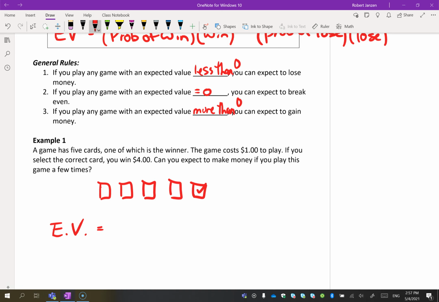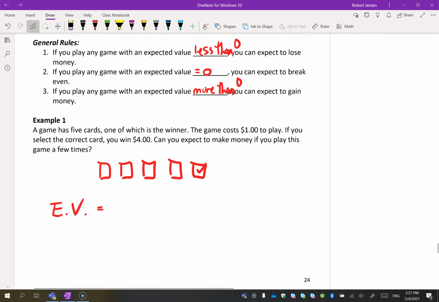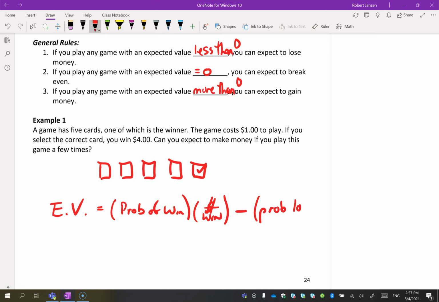Well, your expected value, if you look at that formula, is the probability of winning times how much you would win, take away the probability of losing times how much you would lose.